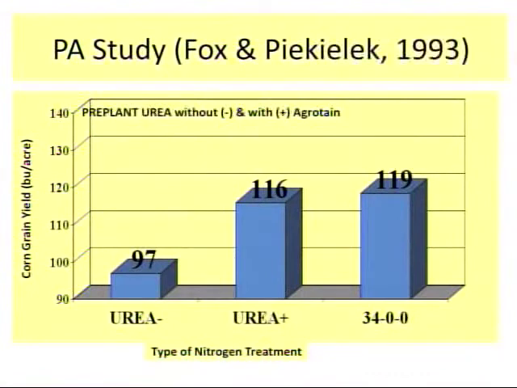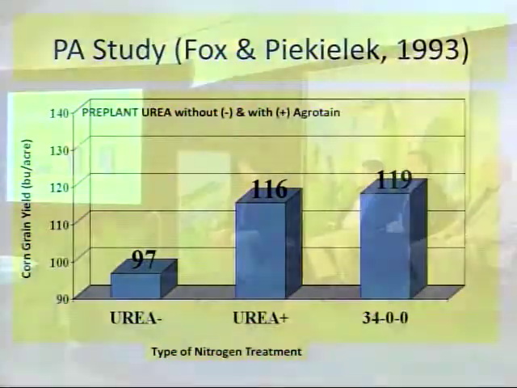You can see with the ammonium nitrate and the urea with AGROTAIN, they yielded basically the same. There was no significant difference, but urea without AGROTAIN yielded 20 bushels less. So again, this is a 3-year study, just data showing that it works.